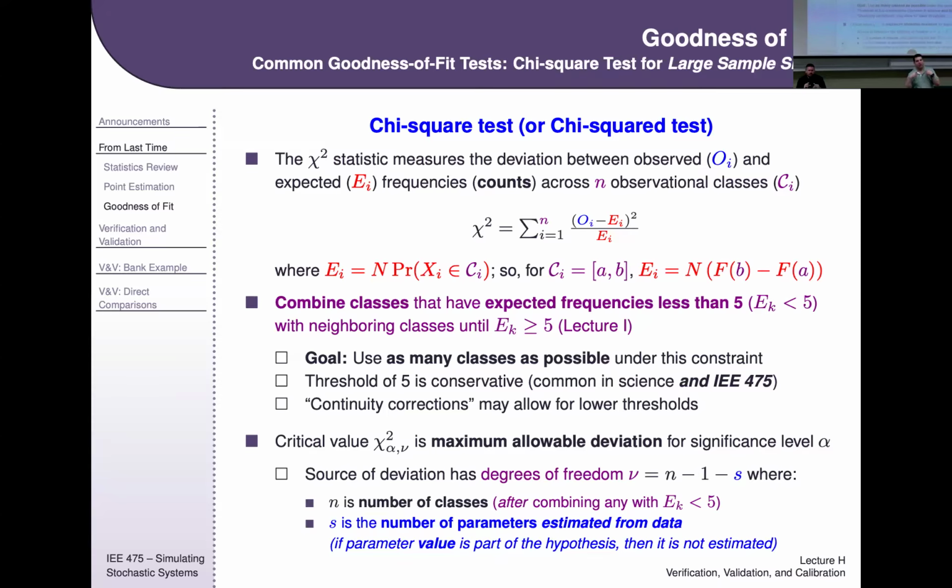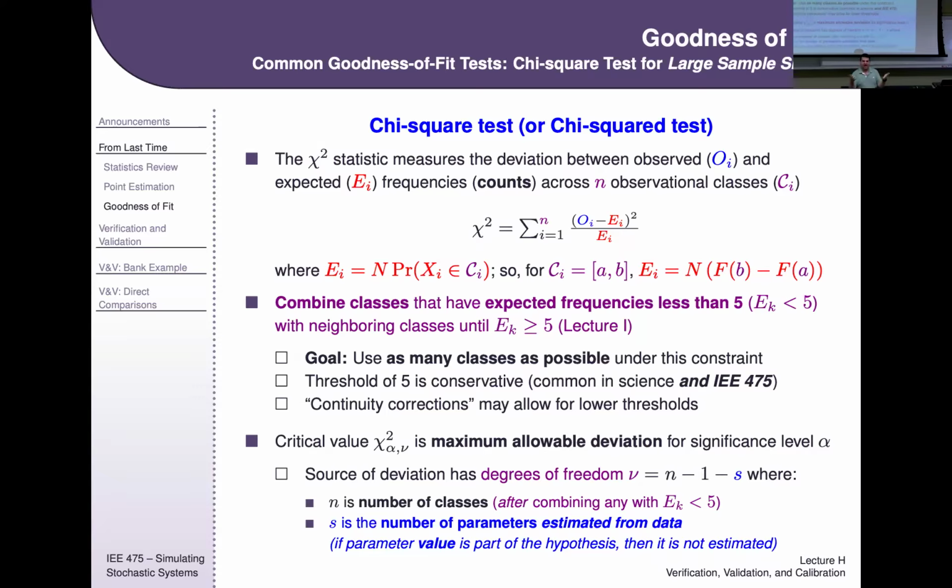So you can say, if I chunk up all of my outcomes into bins, how often do I actually see outcomes in those bins? And how often would I expect to see outcomes in those bins if it was the distribution that I picked? And then you compare those things together, compare counts to counts.